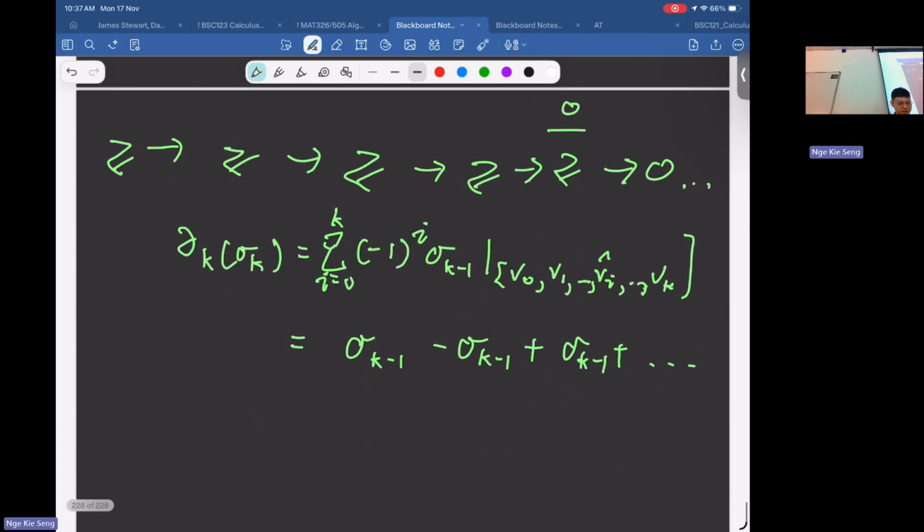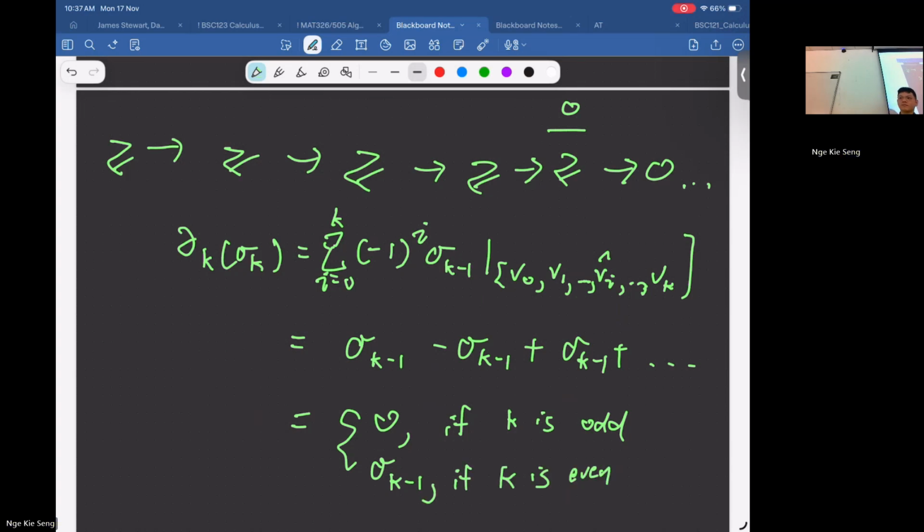Okay. So actually, this is equal to 0 if k is odd, and equal to the constant map itself if k is even. Okay, makes sense. Does it make sense? Because we start with 0. And so if you start with 0 and end with odd, you will have an even term. You start with 0 and end with even, you will have an odd term.